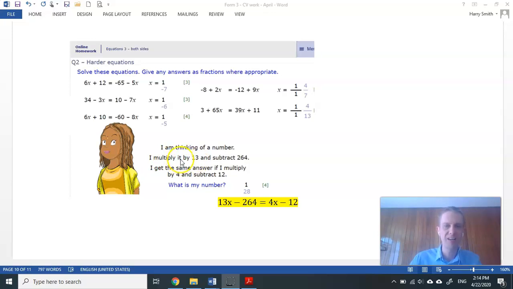If I multiply x by 13, I get 13x, and subtract 264. 13x minus 264. I get the same answer, so this part here, I get the same answer is equal to, if I multiply my number by 4, 4x, and subtract 12, okay? You then need to solve that equation like you've been doing already, okay, and that'll give you your answer.